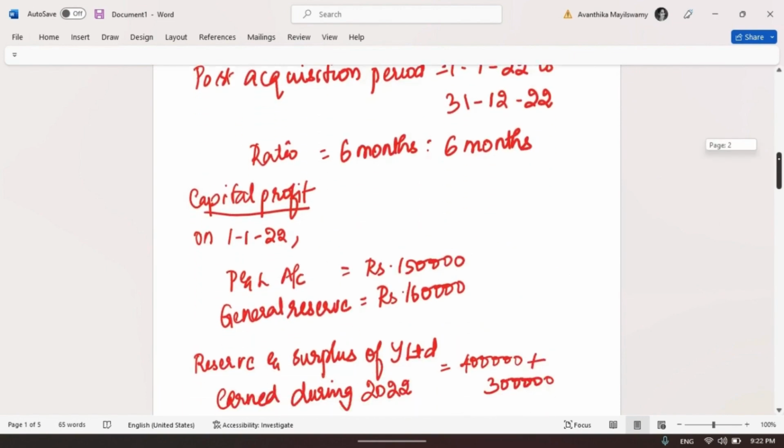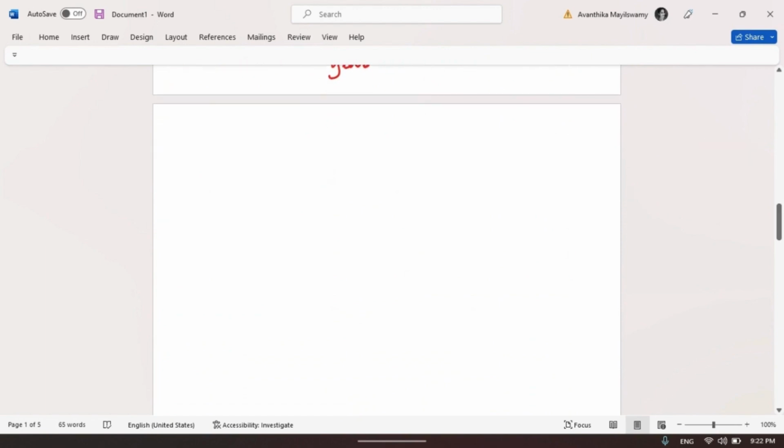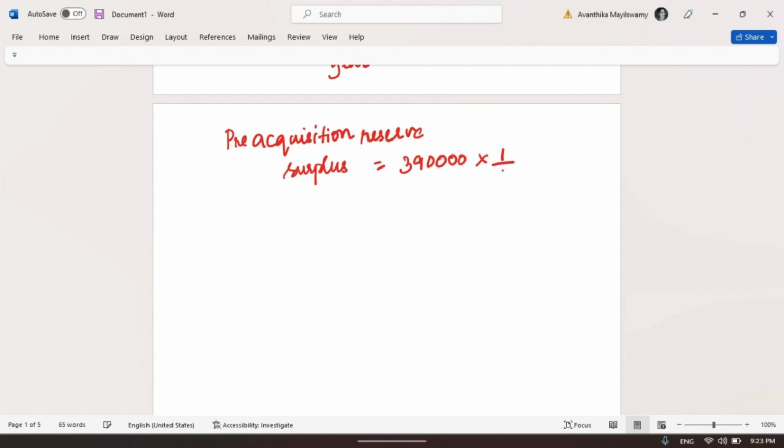So since the acquisition took place on 1/7/2022, we have to divide this particular amount. So pre-acquisition reserve and surplus is equal to 3,90,000 into 1 by 2.